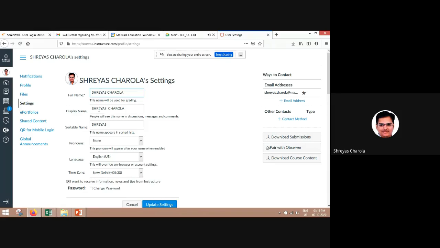All the names, full name, display name and the sort name should be the same. First your enrollment number, underscore, your full name. Don't write only the first name and the last name. Write down the full name you used for admission. Copy this, paste it to the display name and the sort name also.